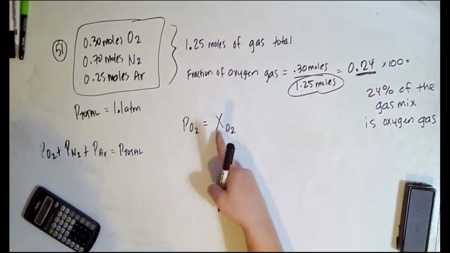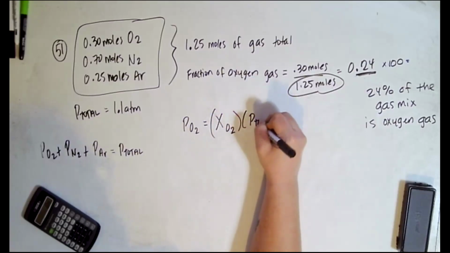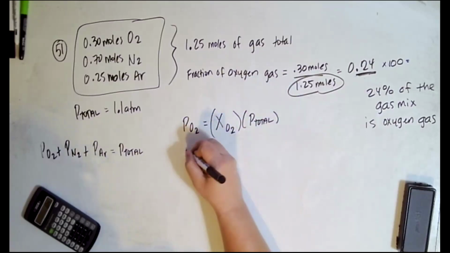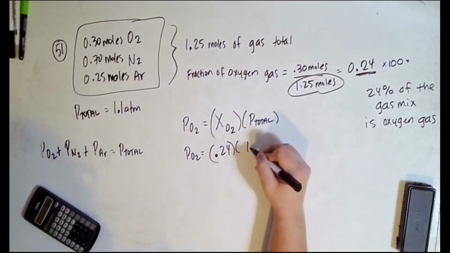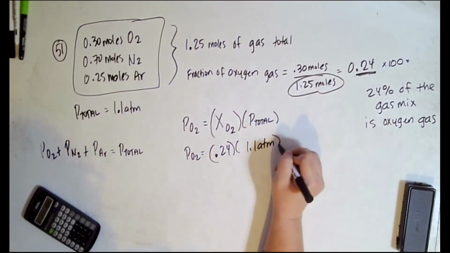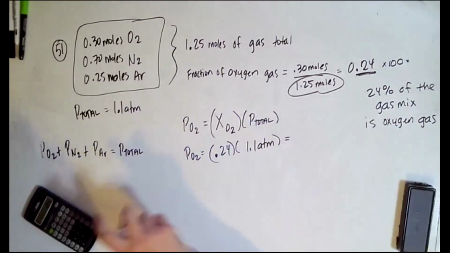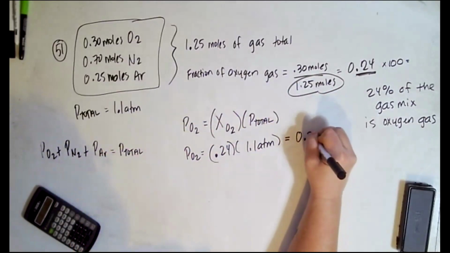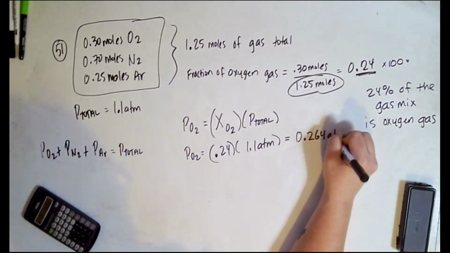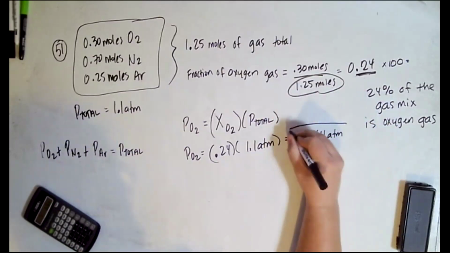So that's the fraction of gas that belongs to oxygen. And we're going to multiply it by the total pressure. So the pressure of oxygen is going to be our 0.24 times 1.1 atmosphere. So oxygen's fraction times the total pressure. So this value right here is going to be the pressure of just the oxygen.